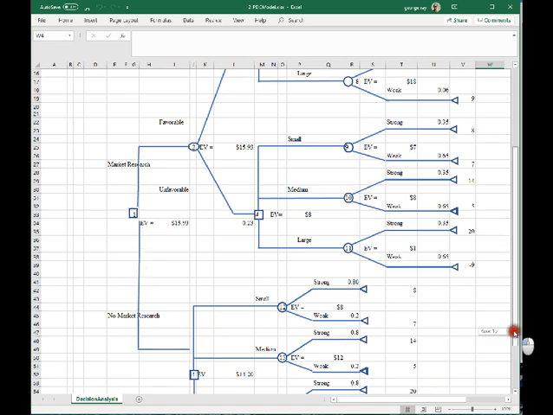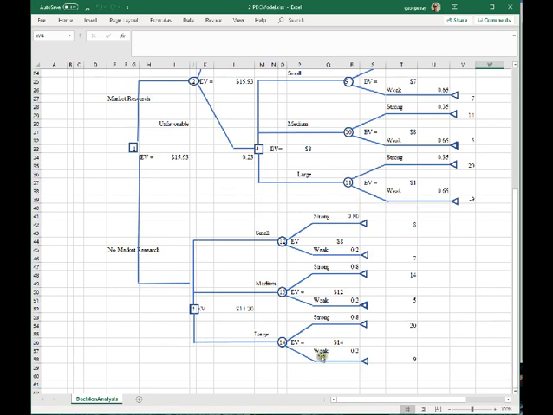If we take a look at the branch that we get for our decision tree if we do not do market research, it's exactly the same as the decision tree we had in part 1. We went over this in depth in the video lecture for part 1, and it feeds us exactly the same result. $14,200,000 is the expected value.